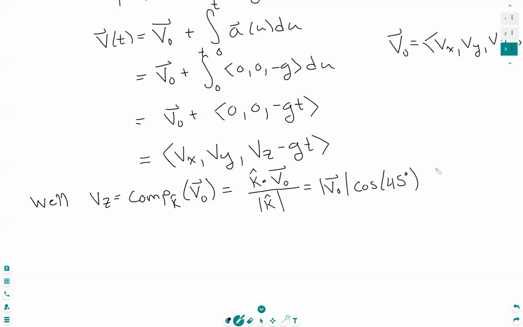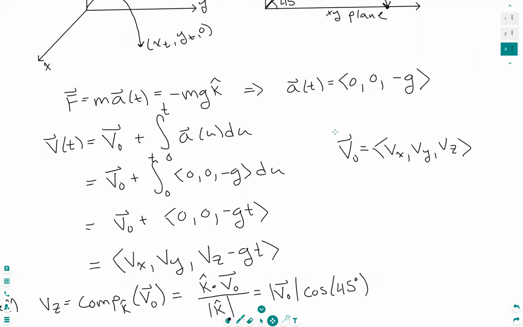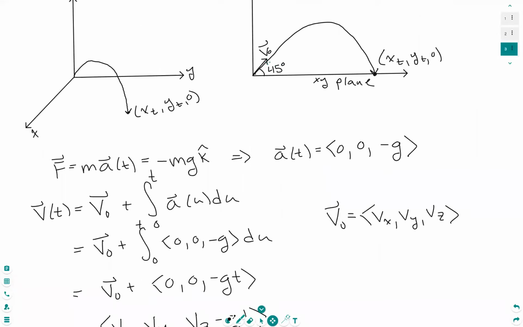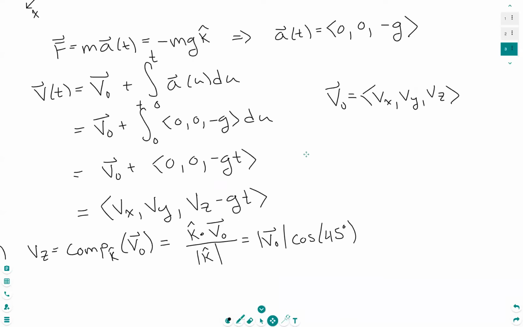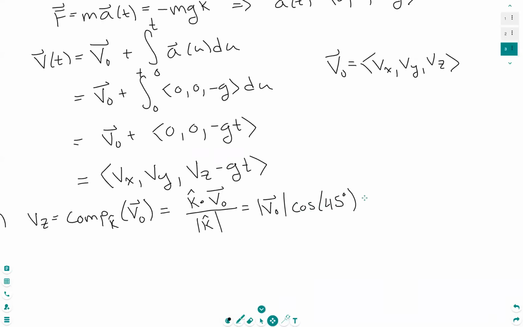And that just makes geometric sense if we look back at our diagram here, right? The z component, Vz, is just how far this is in the z direction. Well, this is just going to be our cosine of 45 degrees.